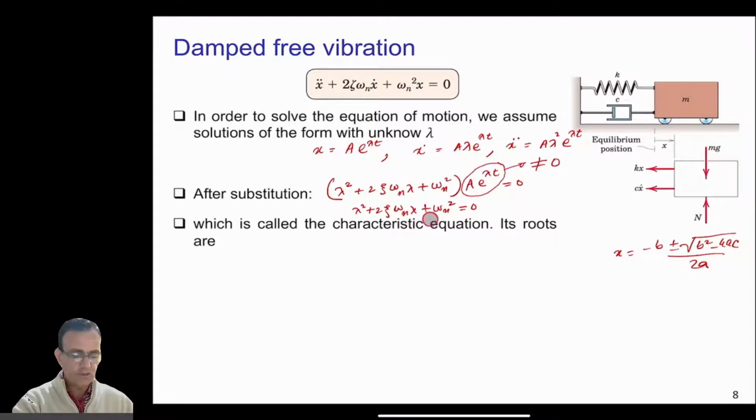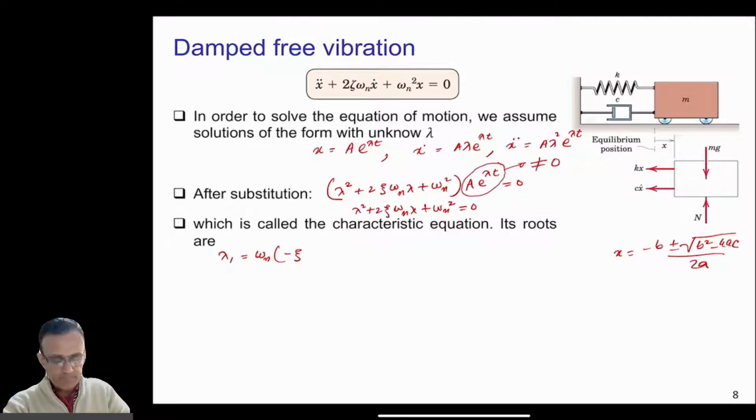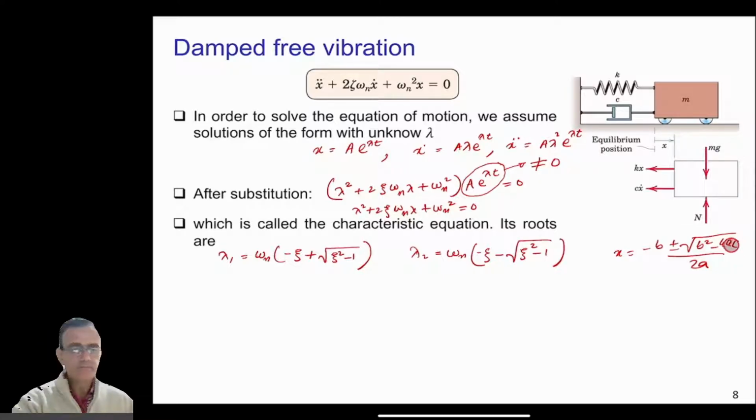So lambda 1 will become equal to omega n times minus zeta plus square root of zeta square minus 1, and lambda 2 will become equal to omega n times minus zeta minus square root of zeta square minus 1. So one is lambda 1, one is lambda 2, and these are the roots of this equation.